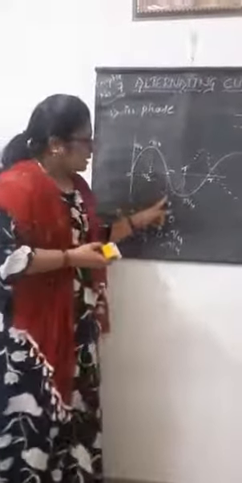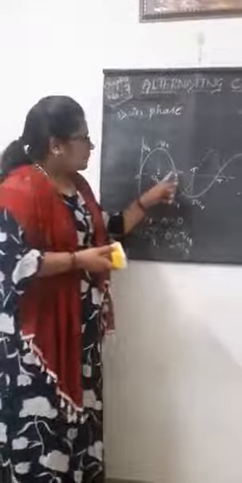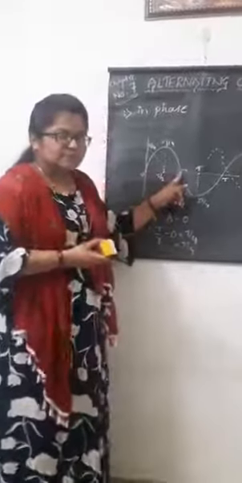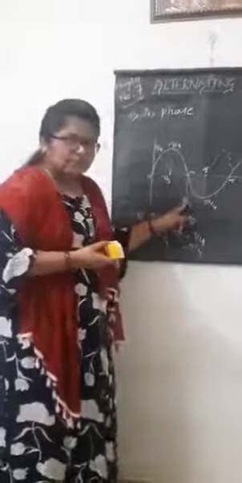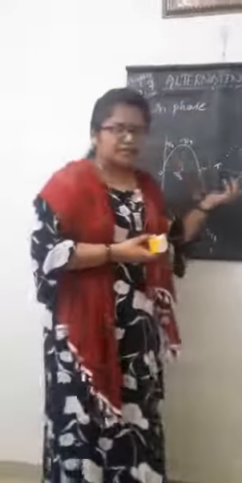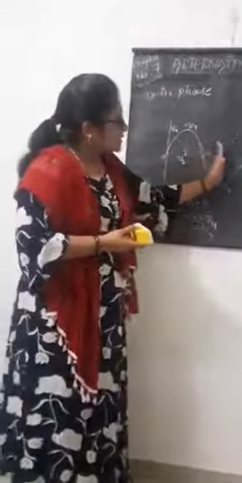So again it is T by 4. Come here. B is at the second peak, at the reverse peak, but A has just completed half cycle, so it is T by 2. B is at 3T by 4. 3T by 4 minus T by 2, again T by 4. So at every point, at every phase in this diagram, we are getting a phase difference of T by 4.